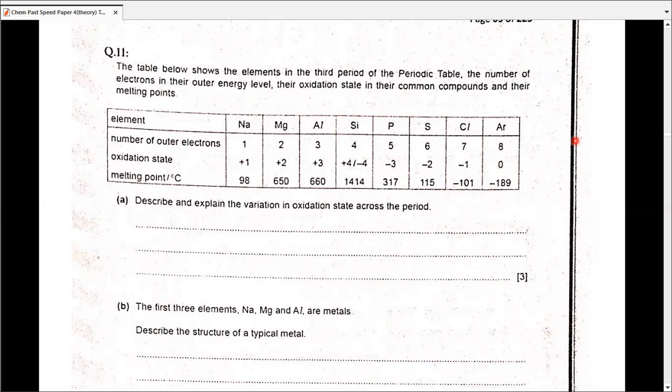Because it increases. Take a look. It is increasing all the way from here to here. Then it does not increase. So yes, you can write it increases from group 1 to group 4. What happens after? After group 4, it starts decreasing.